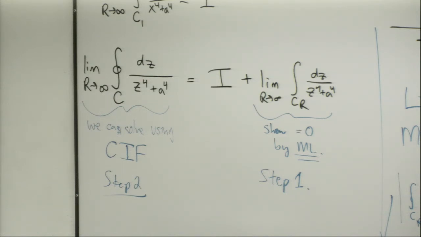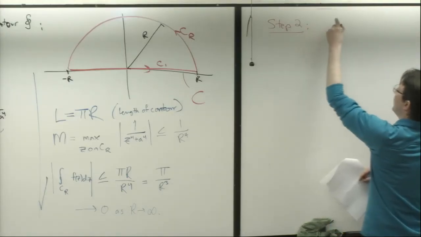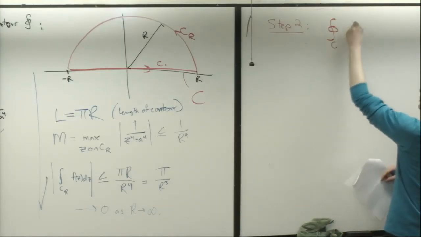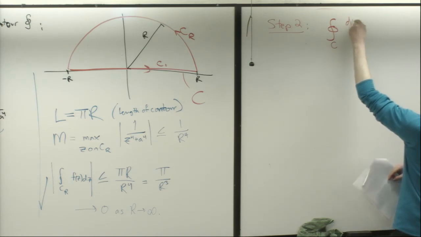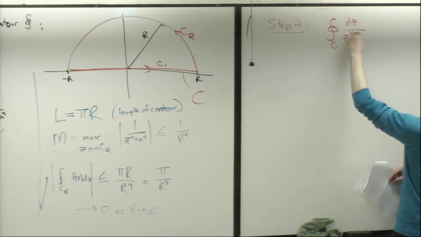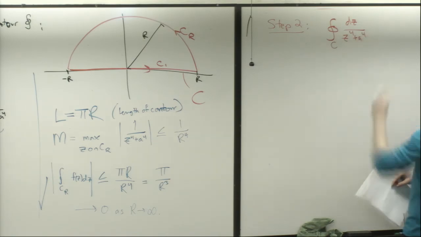What I really want you to know is the big picture of how to solve these things, and I want you to have the experience to solve them if you have to. So just get good enough that you know the basic ideas. Okay, so now we're trying to solve the left function using Cauchy integral formula. Okay, so step 2, we need to actually compute this contour integral of dz divided by z to the fourth plus a to the fourth.